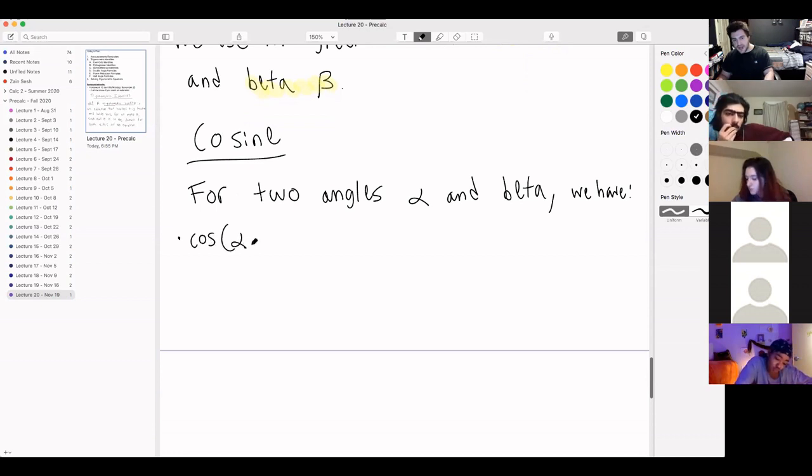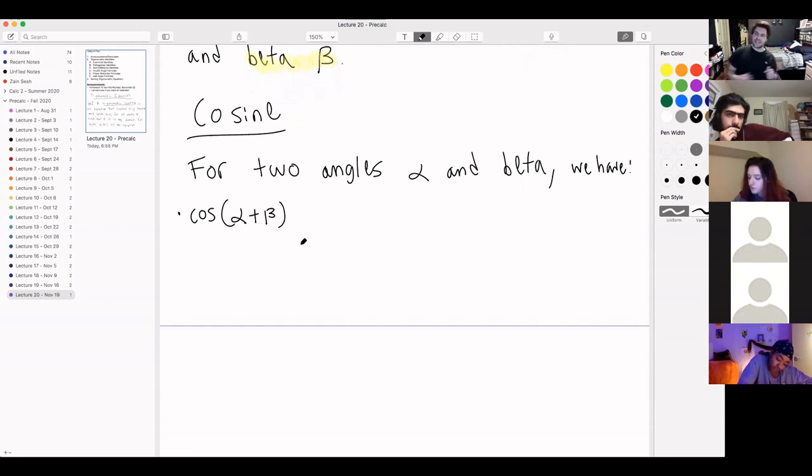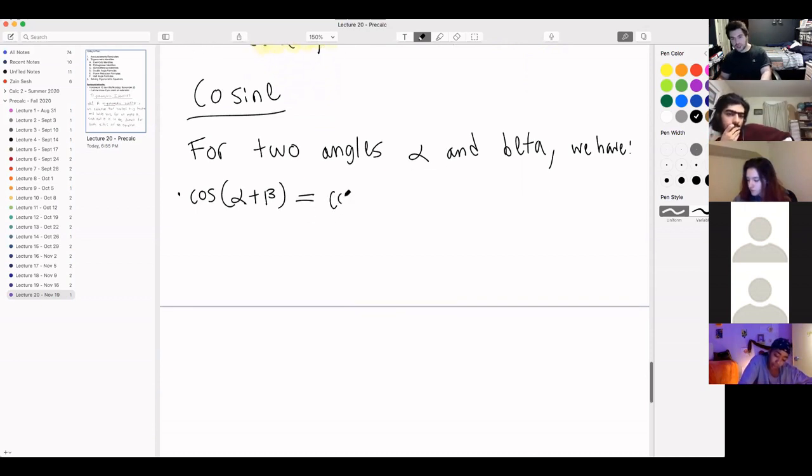Cosine of alpha plus beta. So we're going to be interested in taking cosine of a sum. What does this equal? This is cosine of alpha times cosine of beta minus sine of alpha times sine of beta.